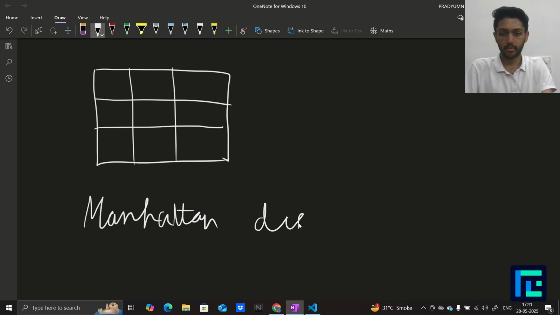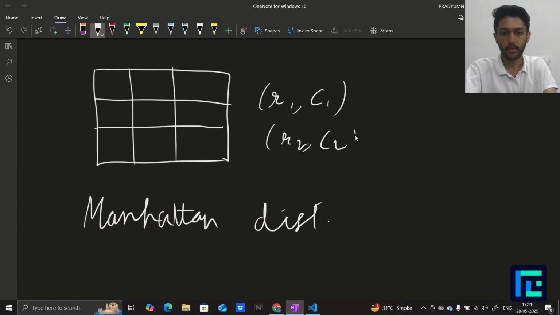Between the cells (R1, C1) and (R2, C2), they have defined the distance as the minimum number of moves that you have to make. For example, if you want to move from here to here, you have to first go down one, so 1 and 2 and then 3. So this is the shortest path.